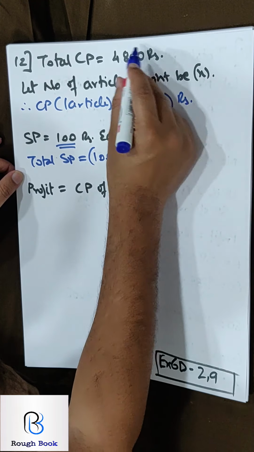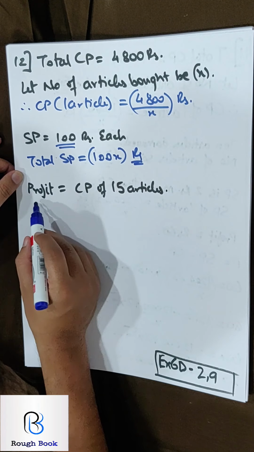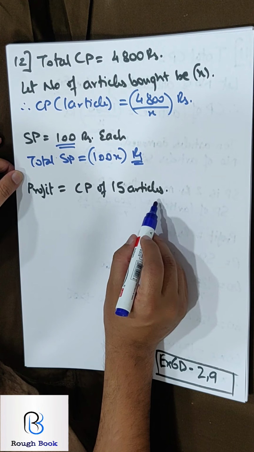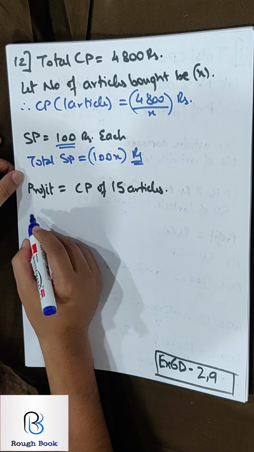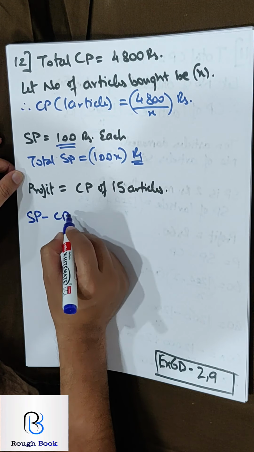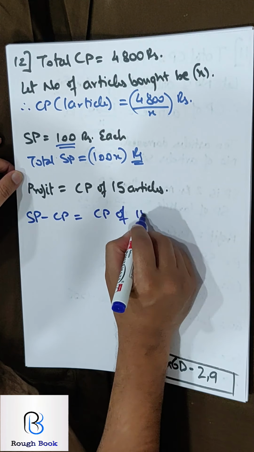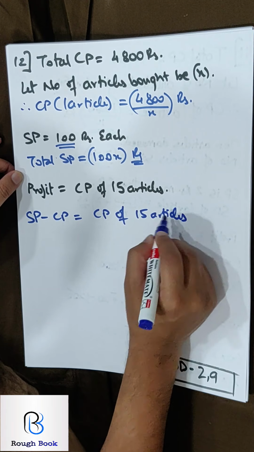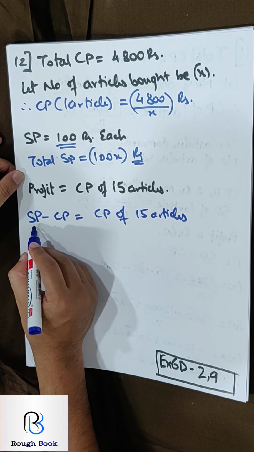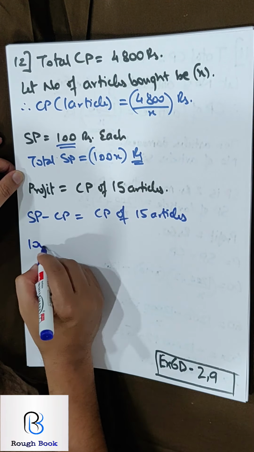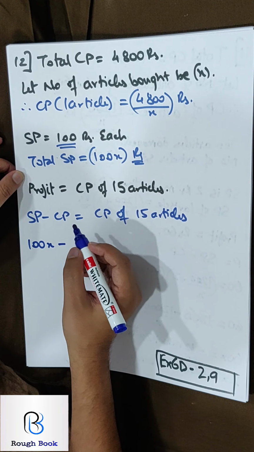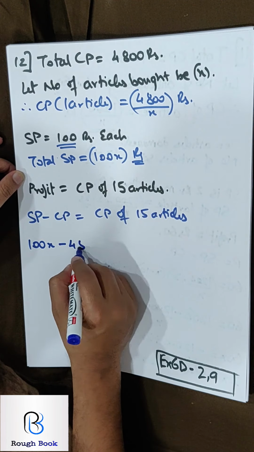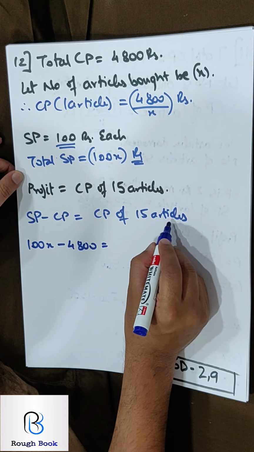So we got the total CP, we got the total SP. Profit is equal to CP of 15 articles. So profit actually is SP minus CP, which is equal to CP of 15 articles, they said. That's the main key. So what's your total SP? 100x. Total CP 4,800. CP of 15 articles.